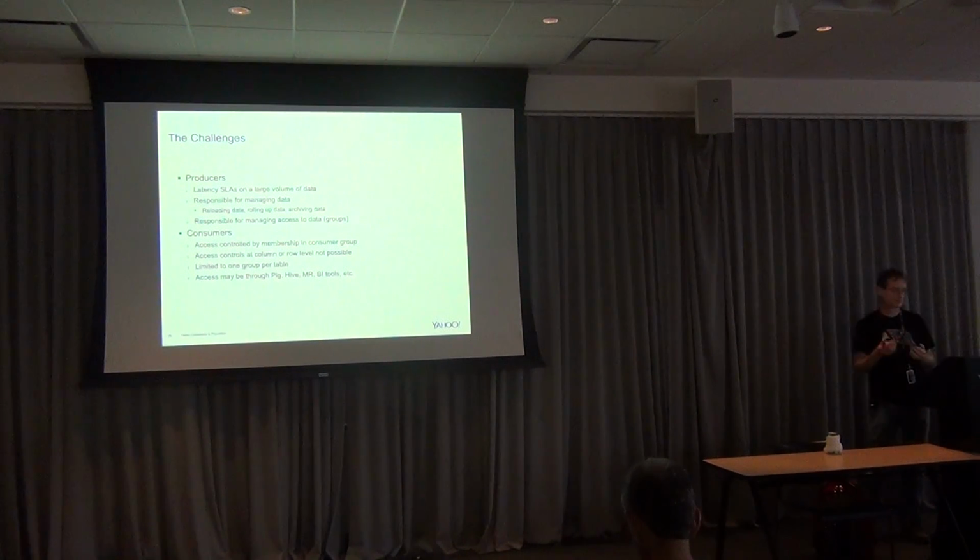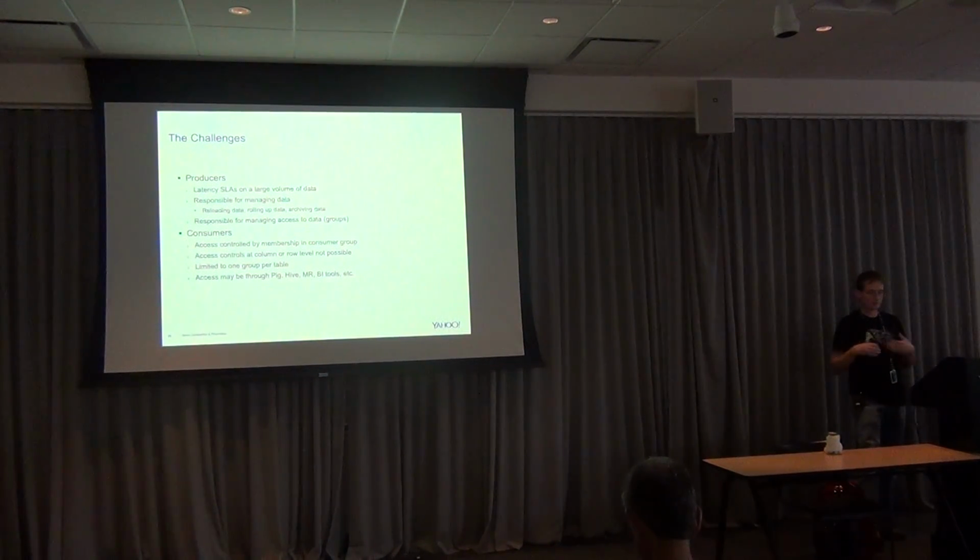So you're really only restricted at this point in time to one group for each table that you have in a particular database. And also keep in mind that the consumers of the data are running various jobs. They may be accessing the data through MapReduce jobs, PIG, Hive CLI jobs, ODBC, JDBC connections that allow BI tools to operate, or custom applications.